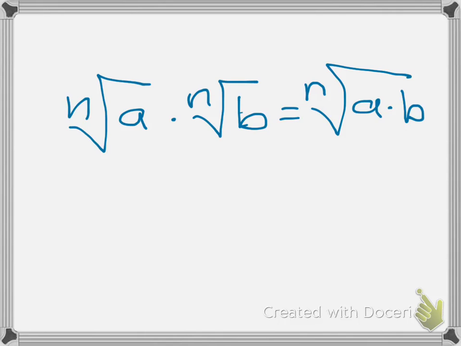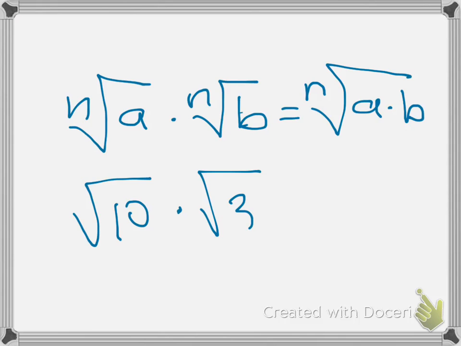So for instance, if we're taking the square root of 10 and multiplying that by the square root of 3, then that is the same thing as taking the square root of 30, because 30 is 10 times 3.